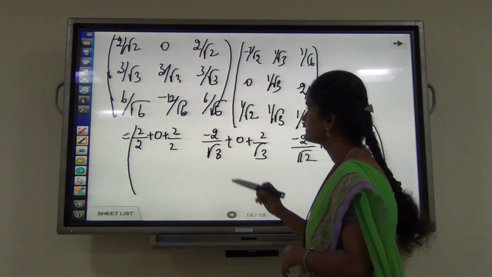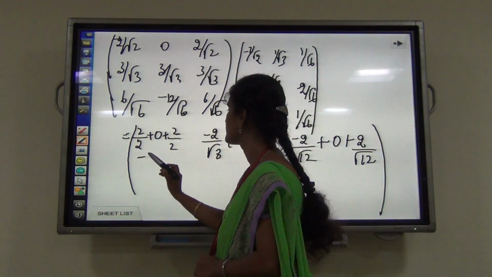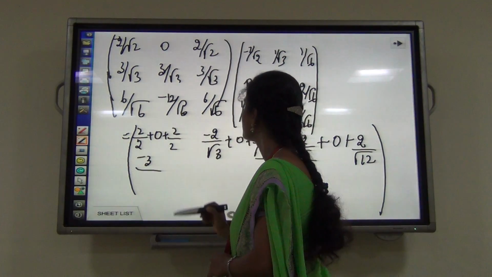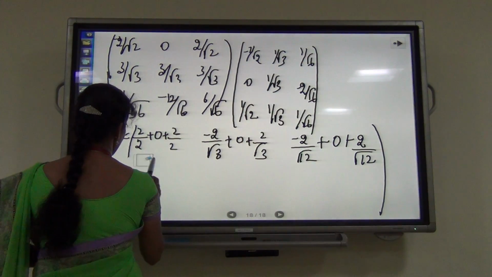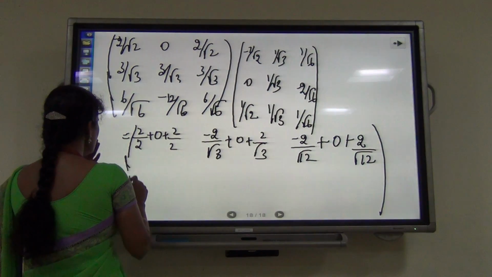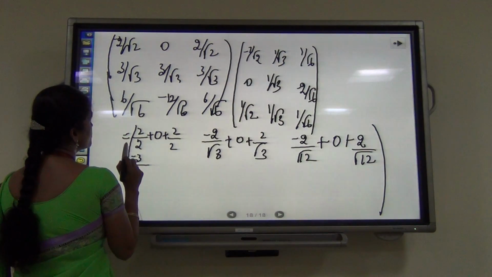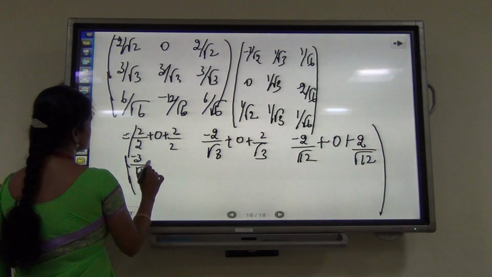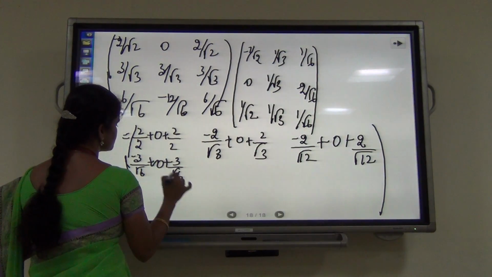In the next line, let's take this row with all these columns. So you get minus 3 by root 3 into root 2 root 6 plus 0 plus 3 by root 6.